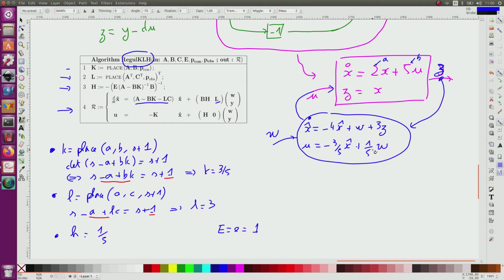So it is the controller. If I do this, the system which is here will be stable, and the roots of the system will be equal to minus 1.